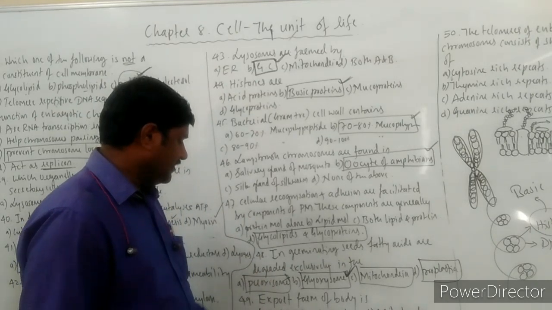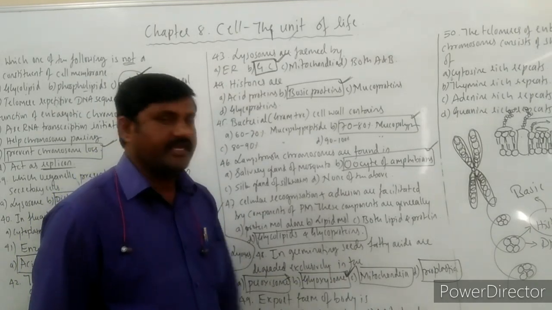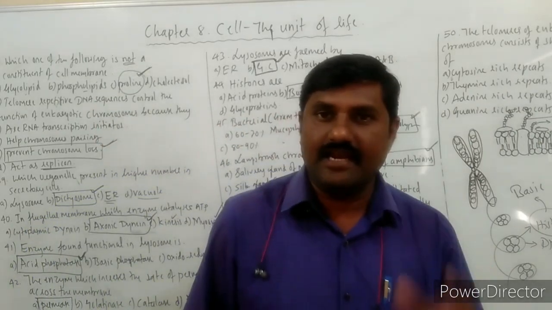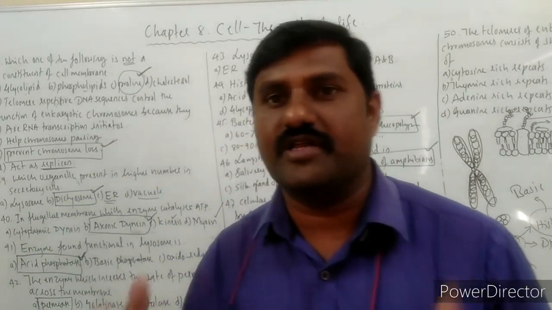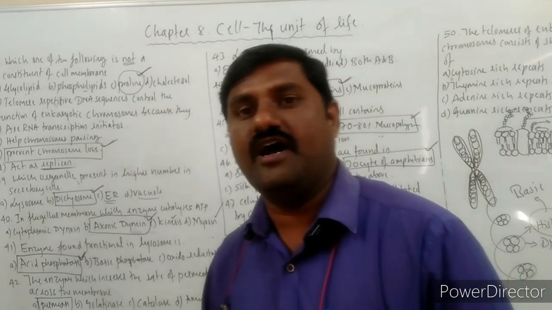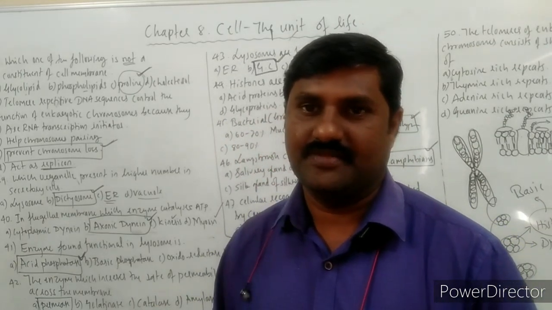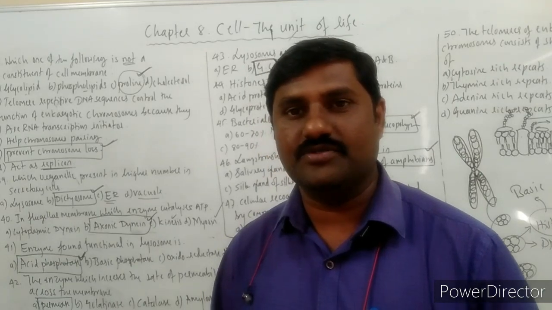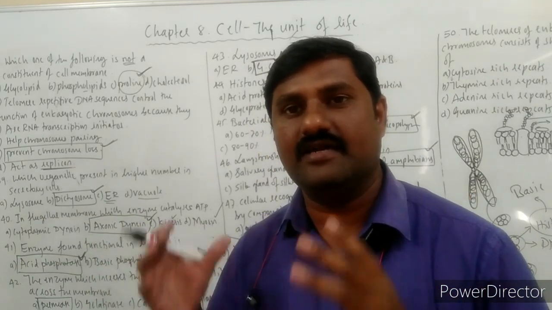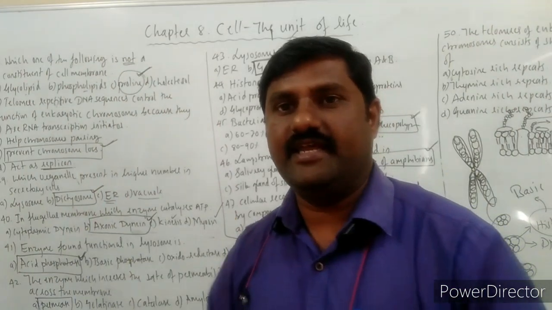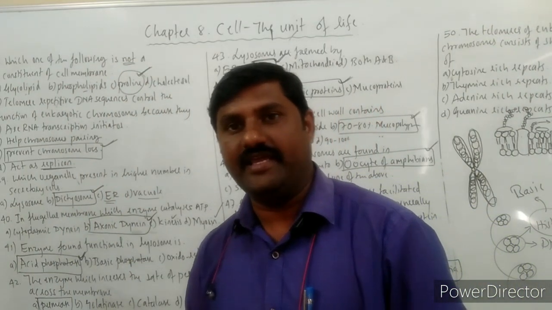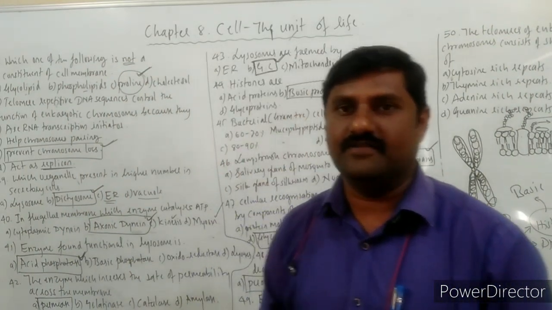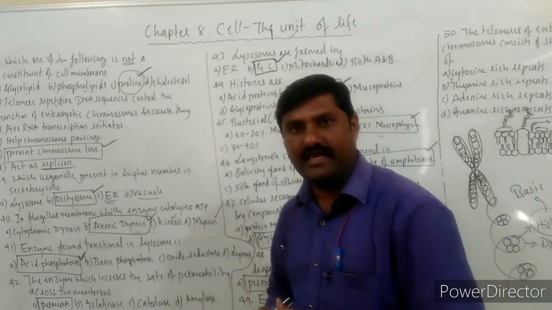Next question: the export form of the body is. This is the cell organelle which helps in the exportation of some materials, that is, the cell organelle which helps in packaging and sending those materials out of the cell.